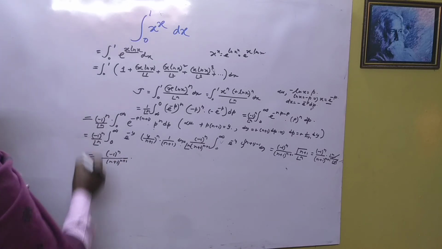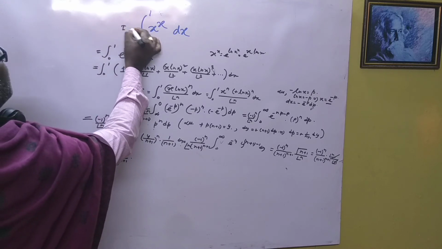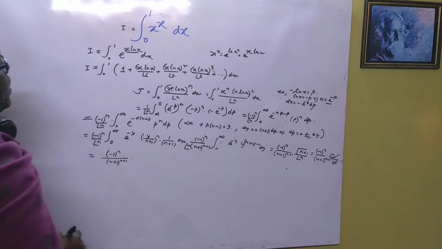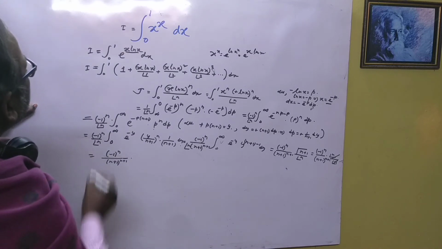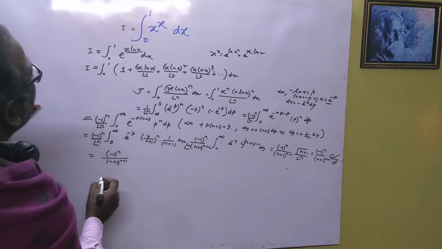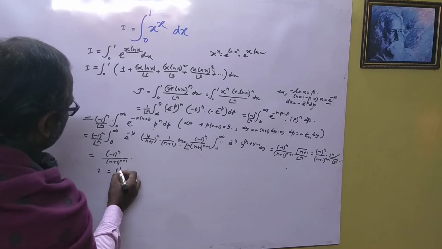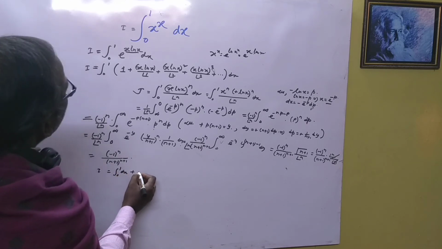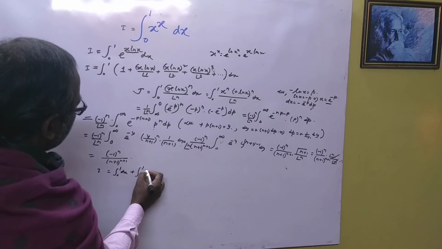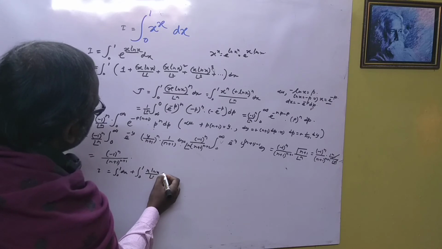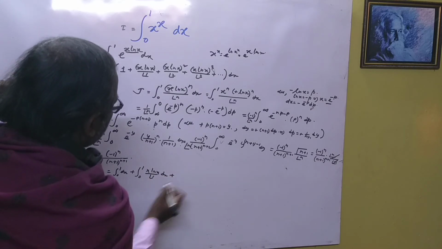Now let us assume this as I. See, for the first term, I is equal to integral 0 to 1 dx, and this is integral 0 to 1 x ln x by factorial 1 dx.